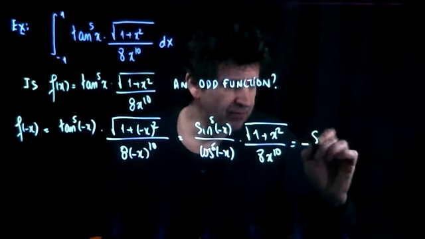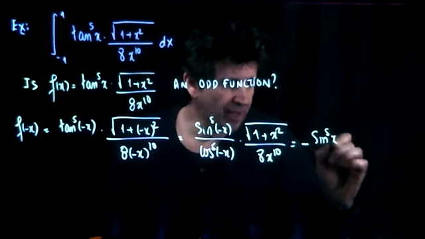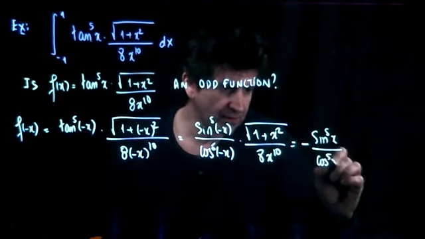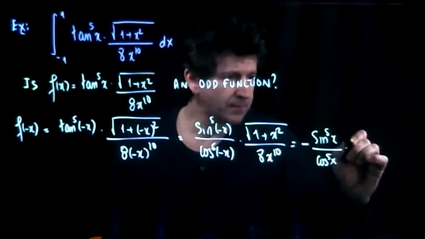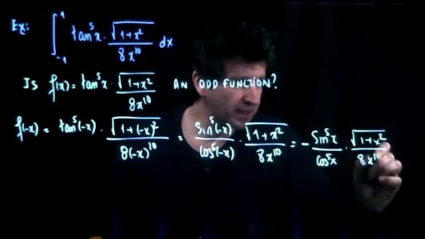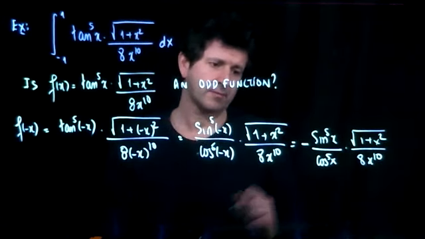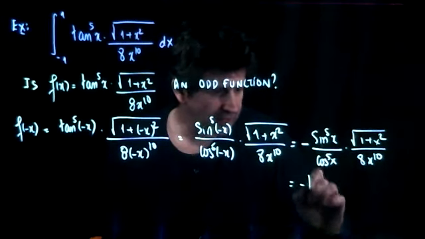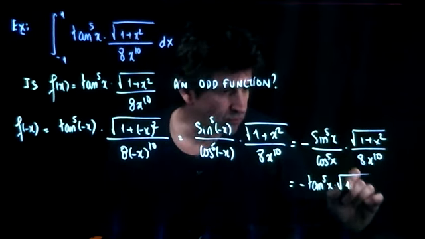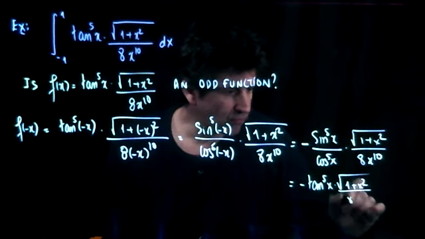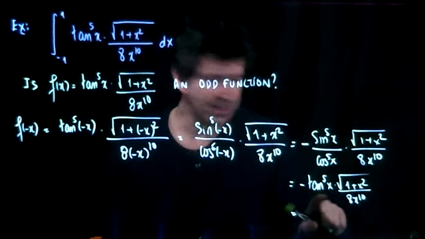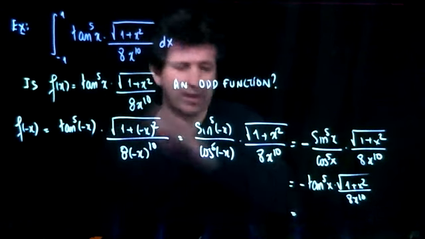So negative sine^5 x over cos^5 of negative x, which is just cos^5 x, times square root of 1 plus x squared over 8x^10. And that's equal to negative tangent^5 x times the root of 1 plus x squared over 8x^10. And that's exactly equal to negative f of x.